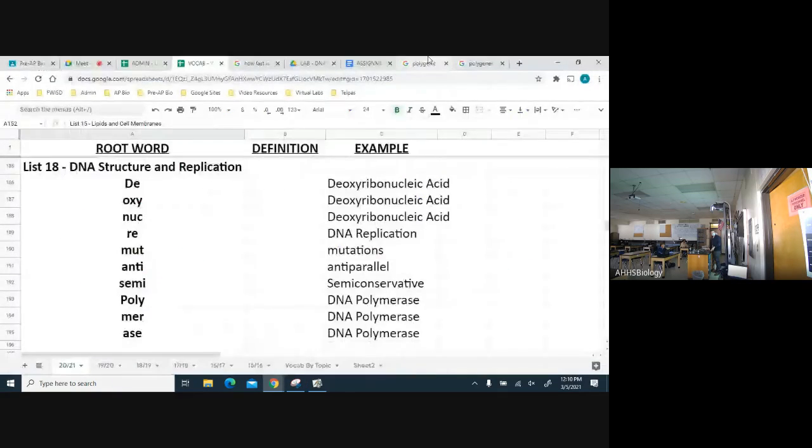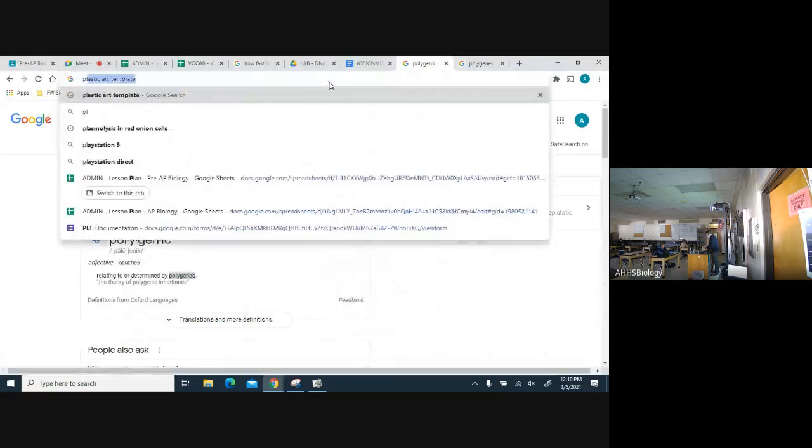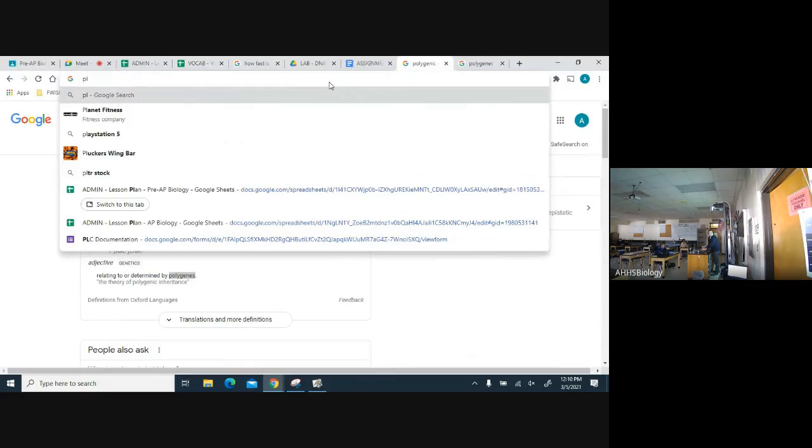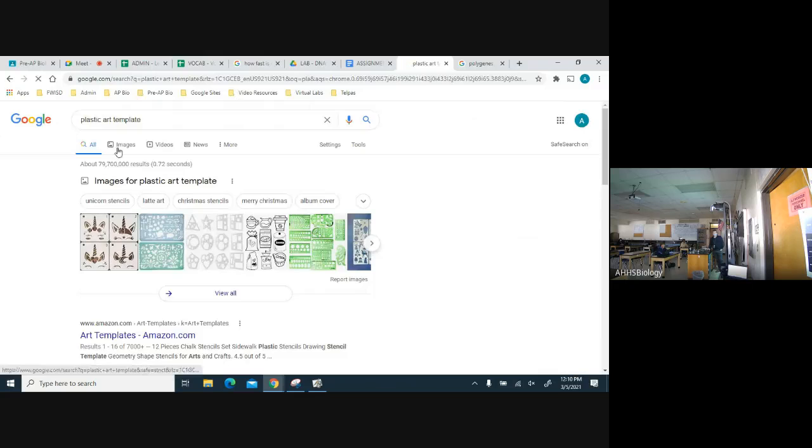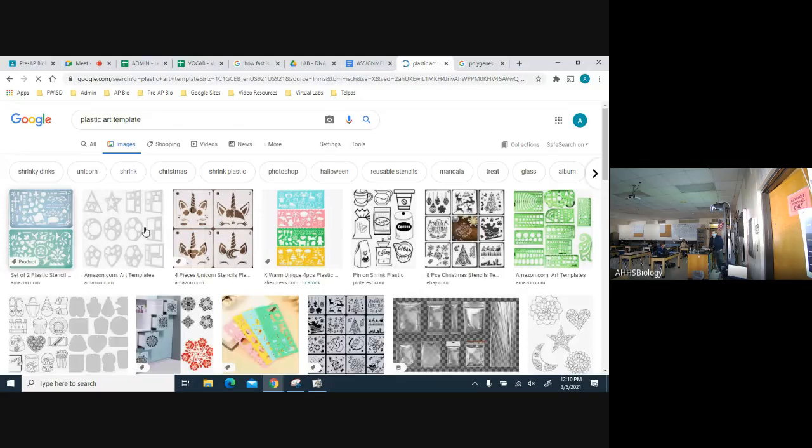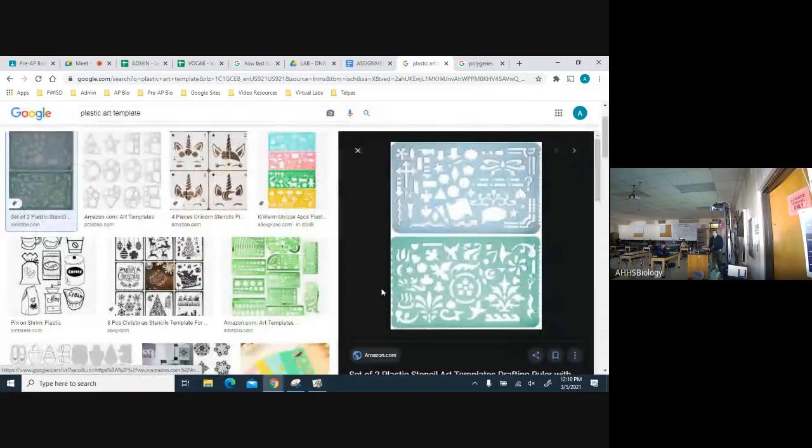When I think about the word template, I think of a plastic art template. It would be like this, right? It's a little piece of plastic and you can use it to copy things. They'll always be the exact same, the exact same, the exact same. And you just shade inside there, you fill it in or something like that. So if you haven't heard that word before, that's what the word template means.